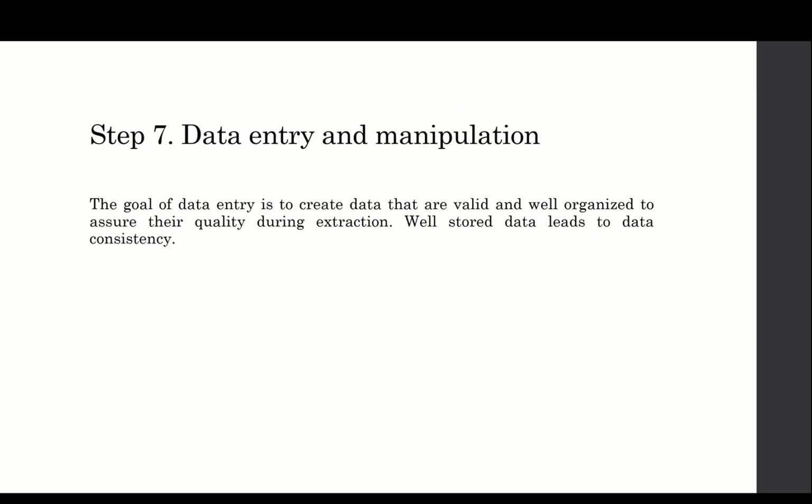Then step number 7 is now to enter data. Then you try to manipulate the data and see if it is giving the intended output. So if you enter the data, for example, you enter students, you register combinations, you register subjects, you try to see if you can get students from each combination.